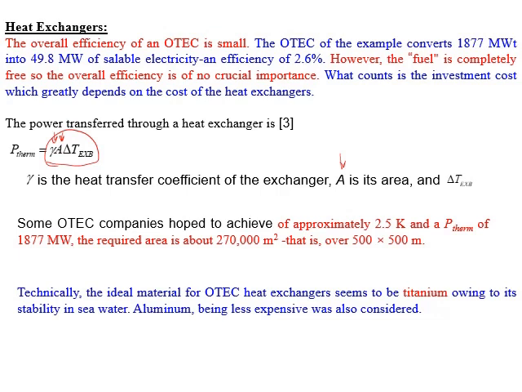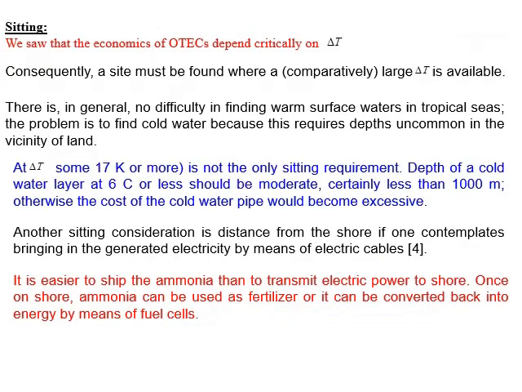You increase the area, it's in the range of 500 meters. Okay, you increase the area, the cost increases. For the type of material used, it's preferable to use titanium, but it's costly compared with aluminium, especially as titanium can handle the salty water in the ocean.